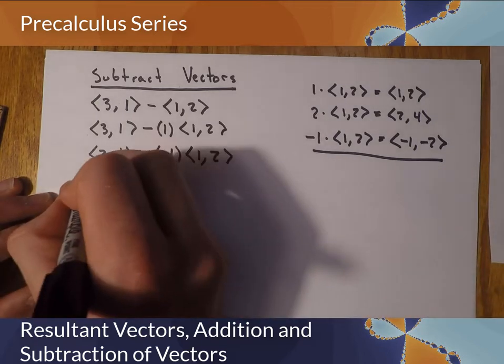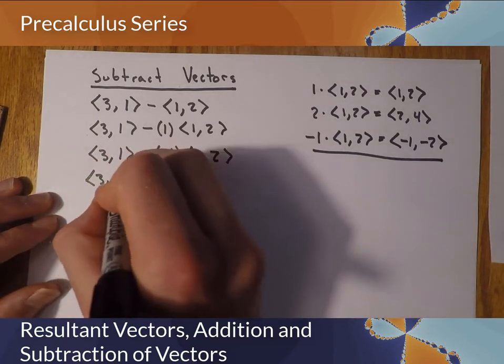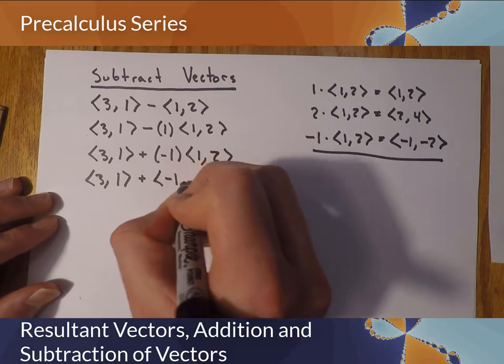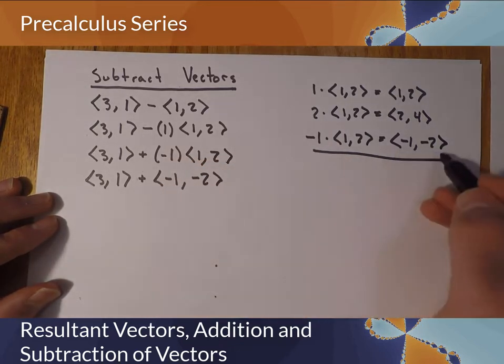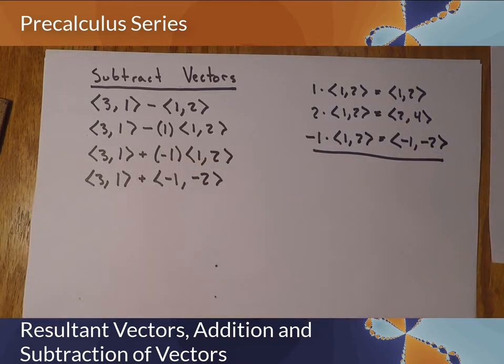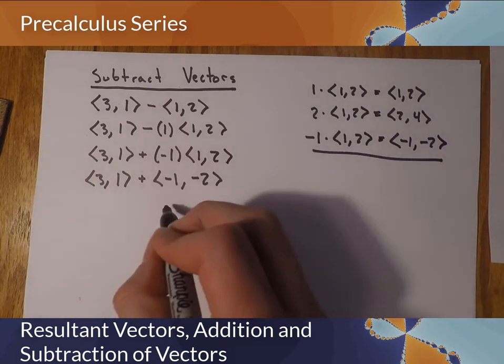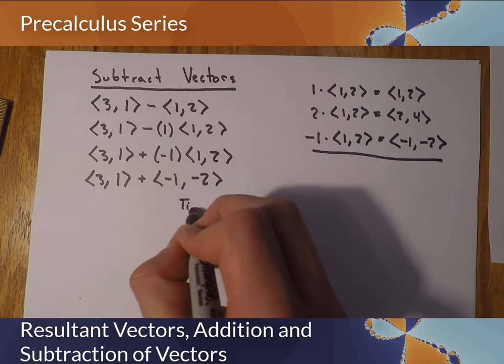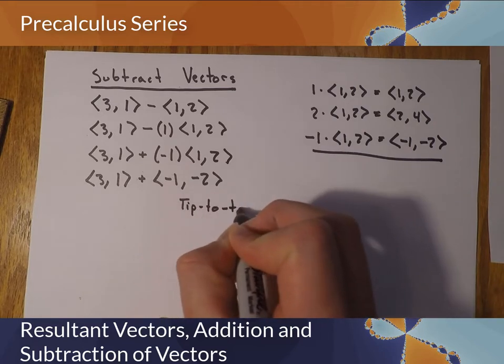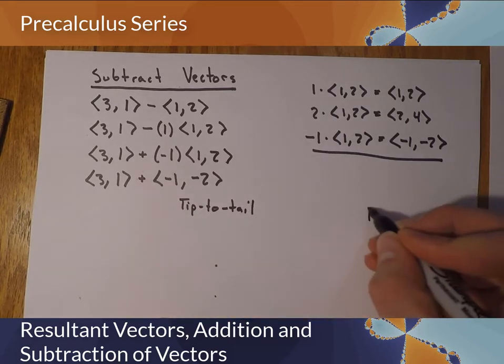So when you multiply it out, you get negative 1, negative 2, just like we have over here. And so now you've turned this subtraction problem into an addition problem, and you can use the same two methods, the tip to tail and just the regular formula that we used for addition.